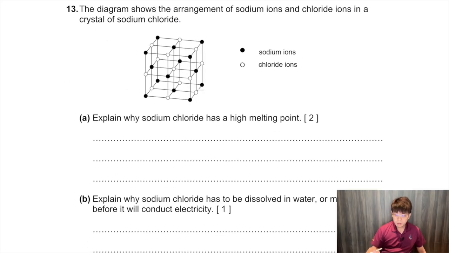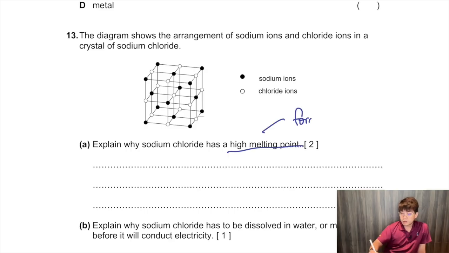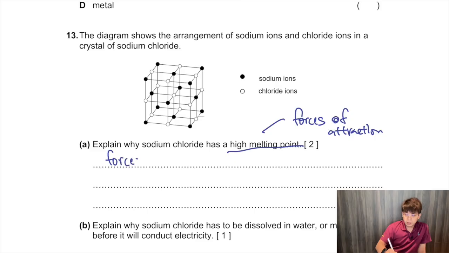Now, I have the arrangement of sodium and chloride ions in the crystal of sodium chloride. This is my crystal lattice, right? Why have high melting point? High melting point means that the forces of attraction is strong. So let's start the explanation. Forces of attraction is what? Strong, right?